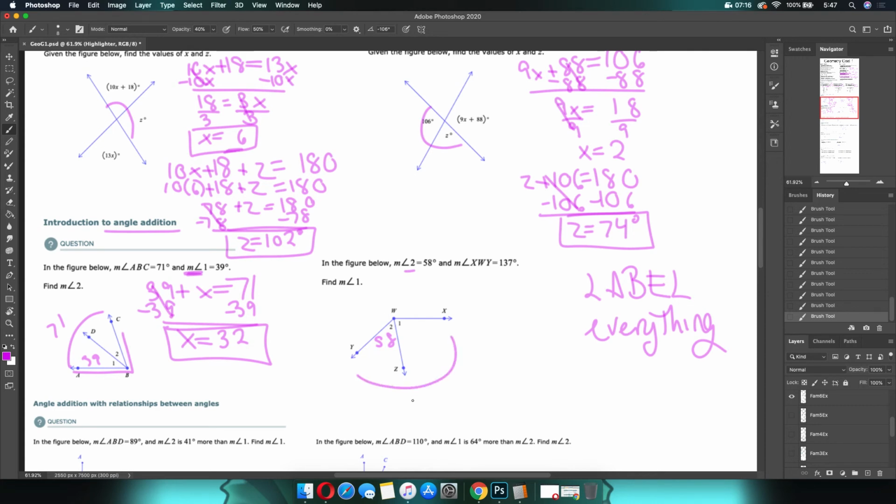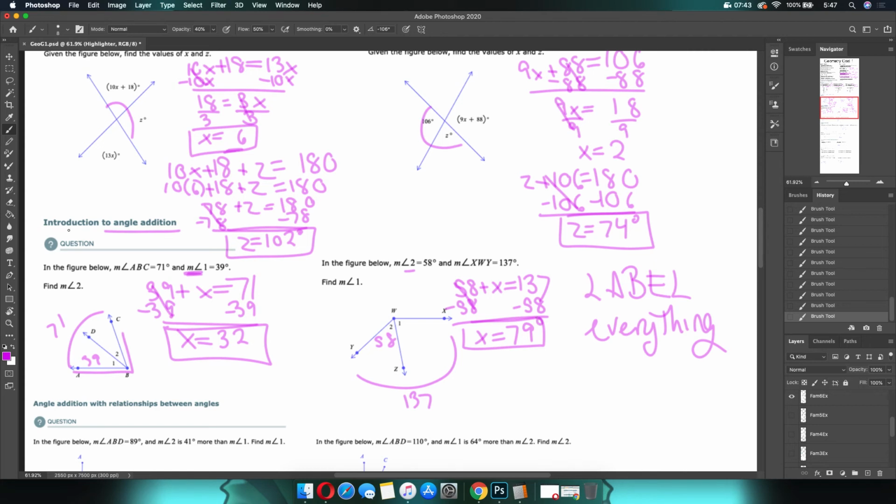So the big one is 137. So 58 plus x equals 137, minus 58, minus 58. So x equals 79, I think. Yeah, x equals 79 degrees.